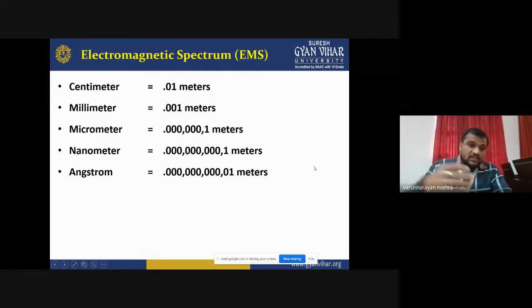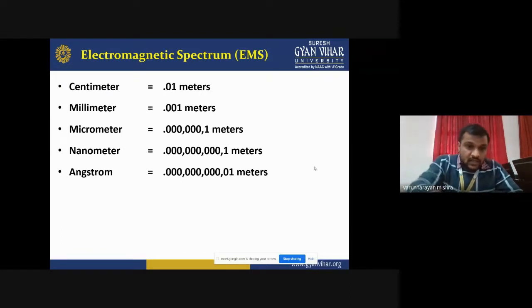So these are the measurement units for the electromagnetic spectrum. As we know, the electromagnetic spectrum is the arrangement of different wavelength intervals, so we can measure the wavelength intervals using different units. It may be measured in centimeter, millimeter, micrometer, nanometer, and angstrom.